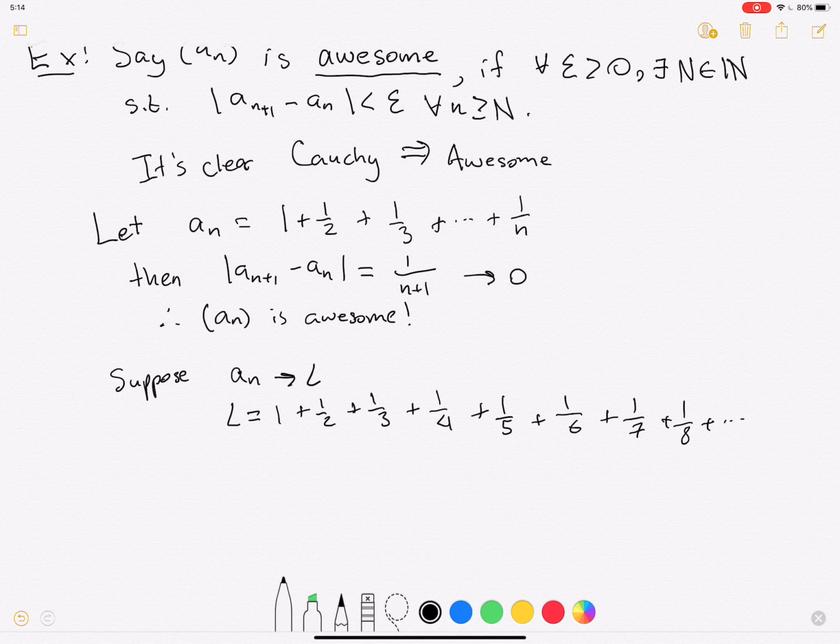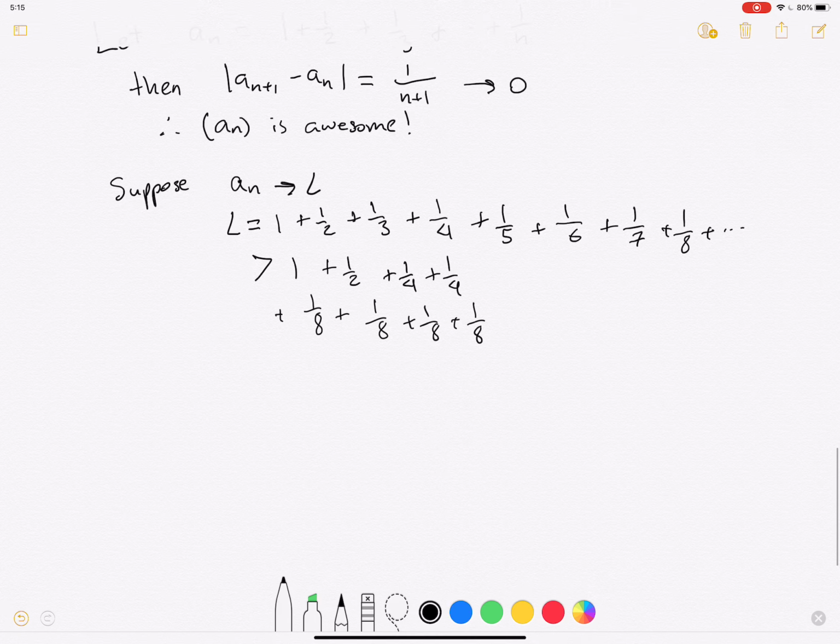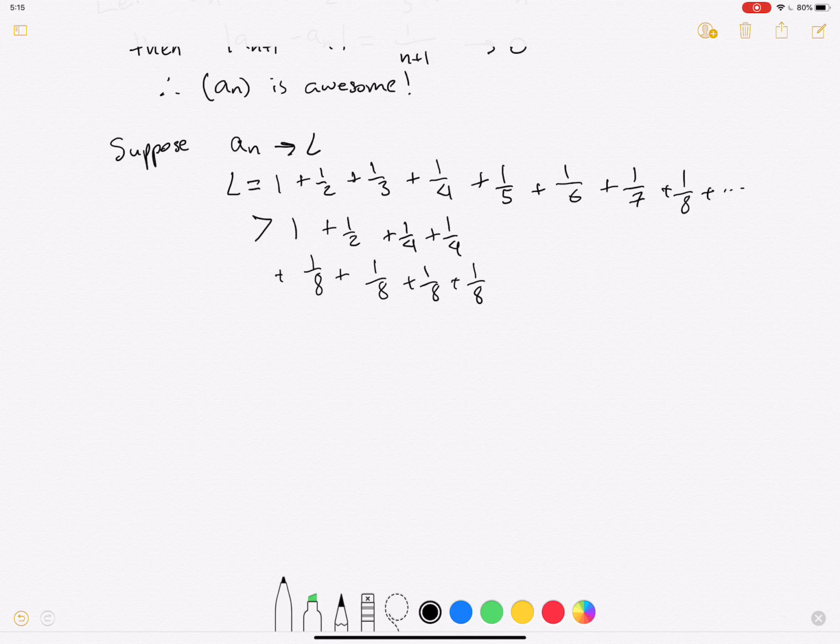It's going to be clear why we did this soon. This is greater than 1 plus 1/2 plus 1/4 plus 1/4 plus 1/8 plus 1/8 plus 1/8 plus 1/8 plus 1/16 plus 1/16 plus 1/16.